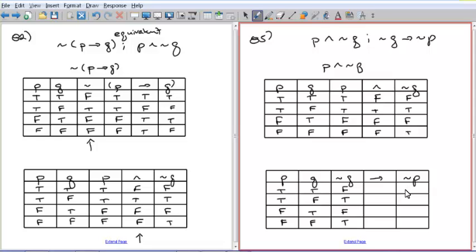Likewise, negation of P, we change the trues to falses and falses to trues. And the final one is this operation, the if-then statement. The only time an if-then statement is false is when the first one is true and the second one is false. That's the one that's false. All the rest of them are true.